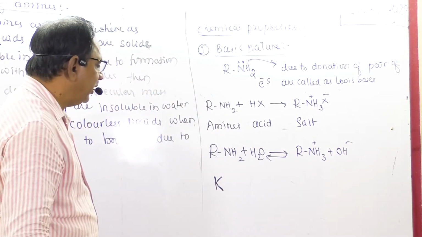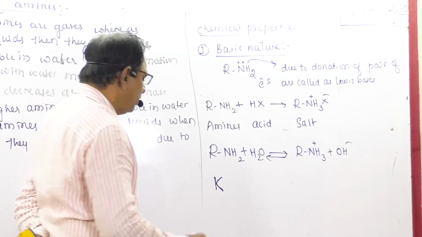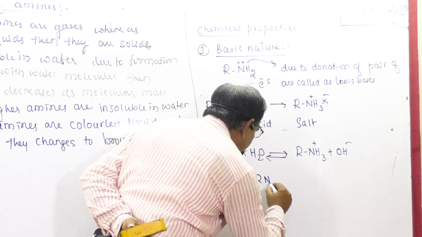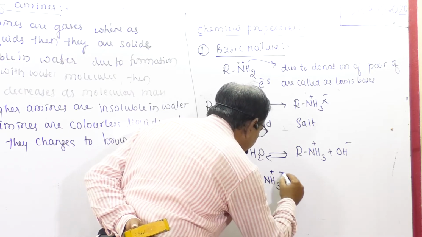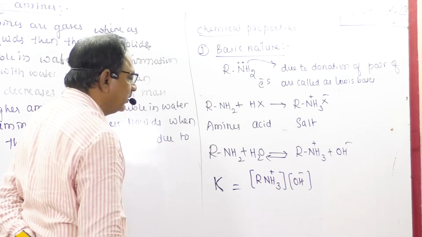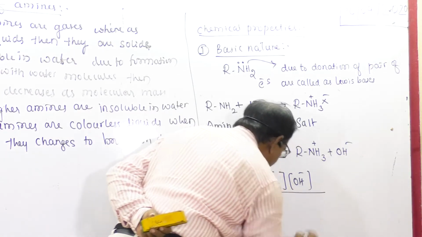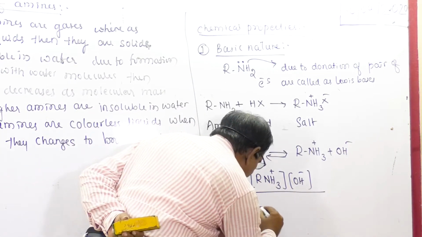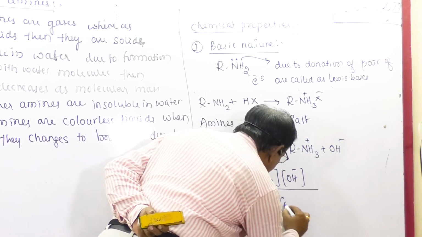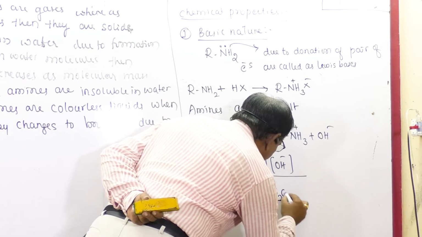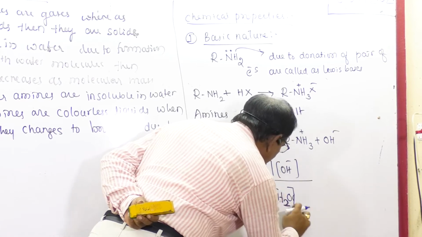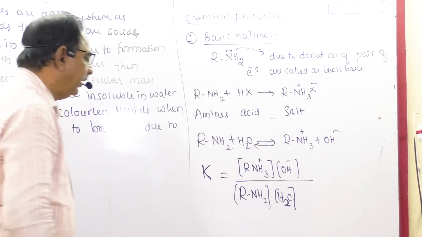According to the law of mass action, the equilibrium constant K is equal to the product of active masses of products divided by the product of active masses of reactants.